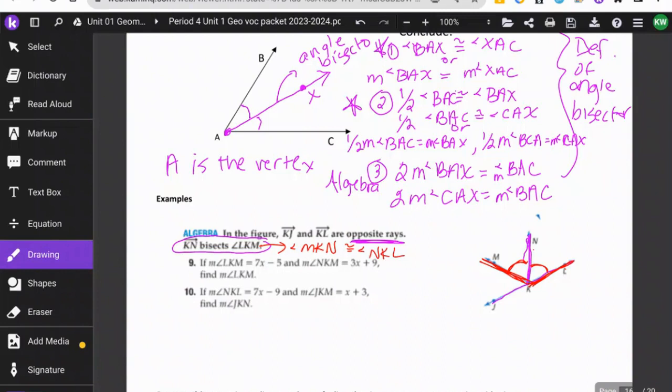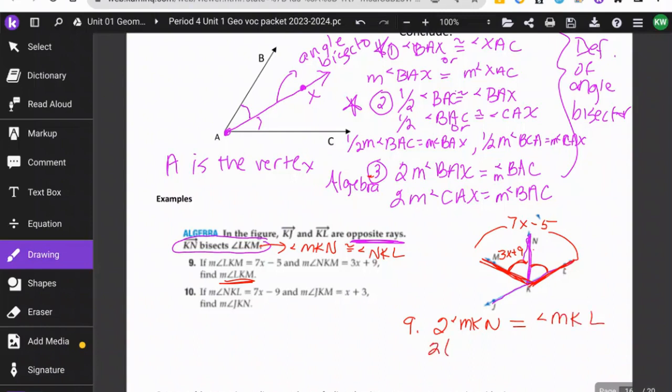Now I can fill in some information here. LKM is all of this, and that is 7x minus 5. And then NKM is 3x plus 9. They want us to find LKM. The fact that it bisects means that if I double angle MKN, it will equal the measure of MKL.